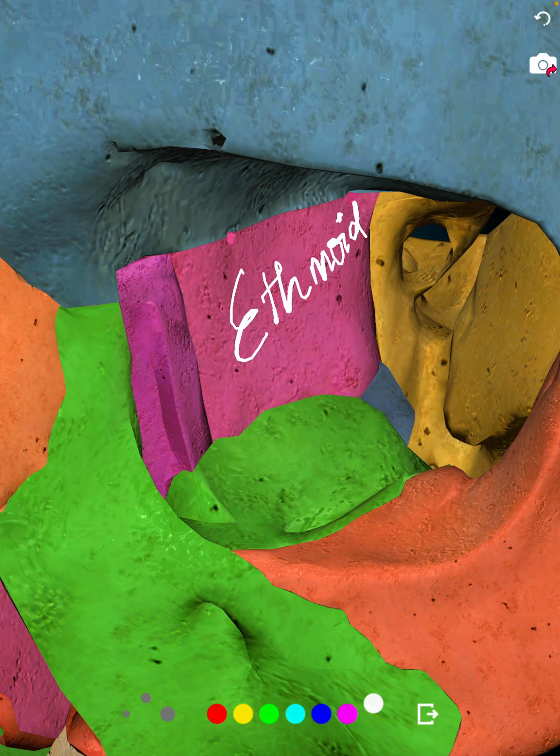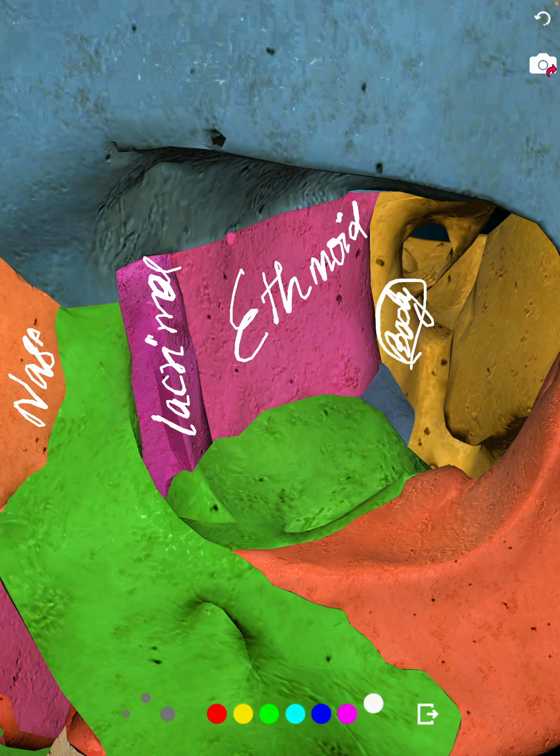Okay, and we already established that this was the lacrimal bone, right? And we have the body of the sphenoid bone over here. Okay, and then we have the nasal bone over here, and we have the frontal process also.